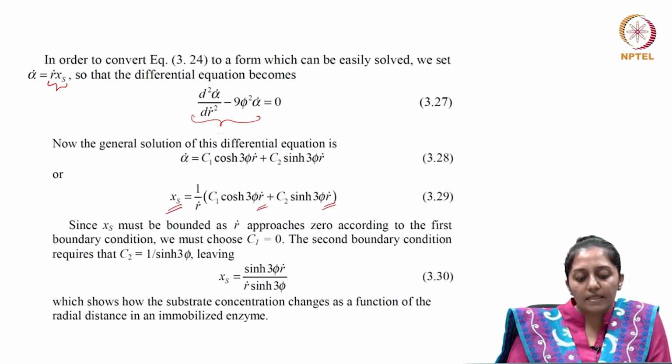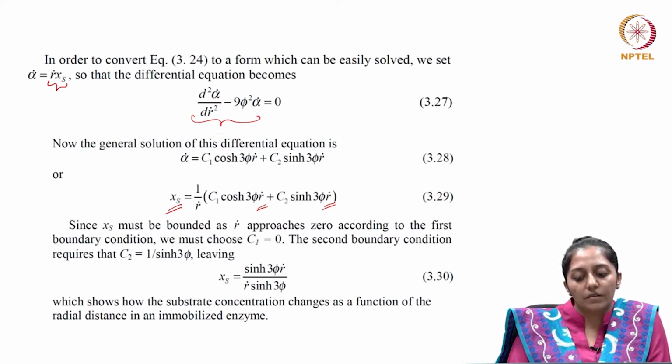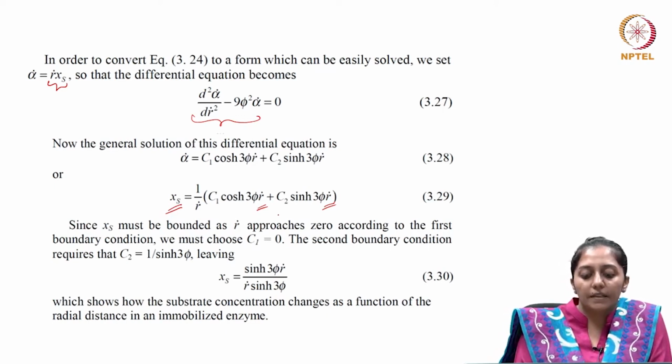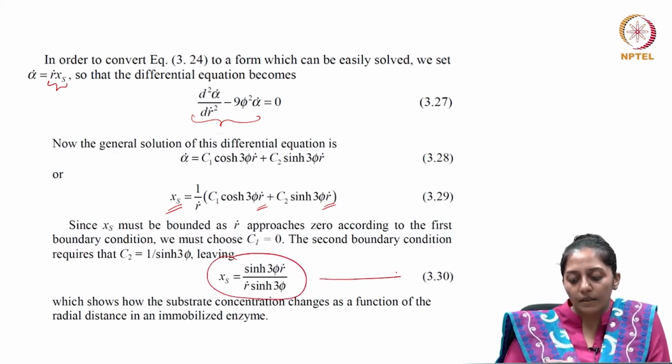As xs must be bounded when r dot approaches 0, C1 has to be chosen as 0, and using the second boundary condition we can determine the value of C2 as 1 by sinh 3 phi. If C2 is 1 by sinh 3 phi, xs then becomes a function of r dot as shown in equation 3.3.